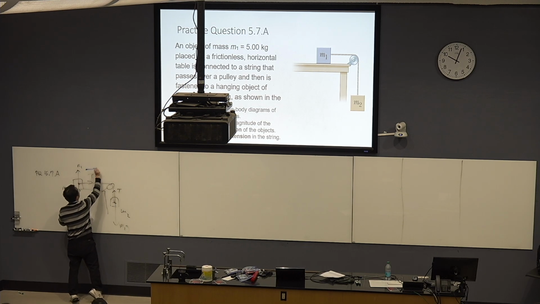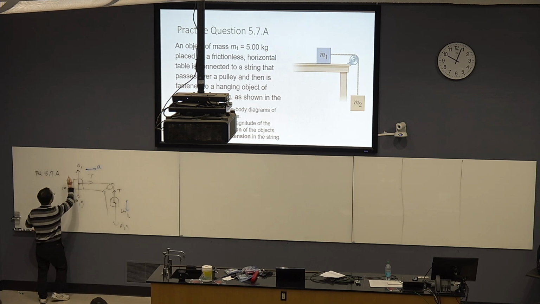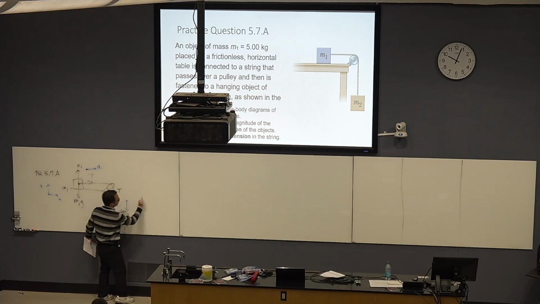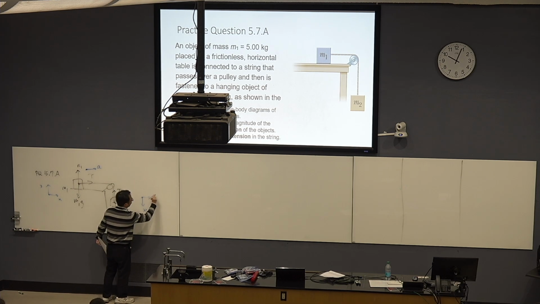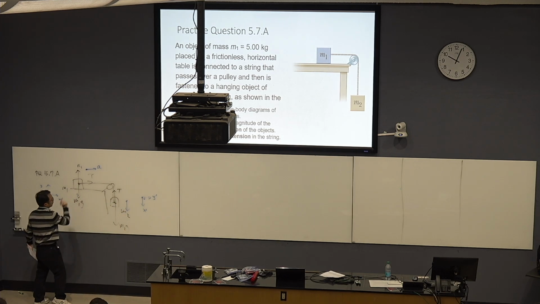Since your acceleration is here, we suggested that you choose your x coordinate to be here for M1, x and y. For M2, we suggested that you choose your new x to be down and your new y to be here. Very soon we'll see the reason why we did so.